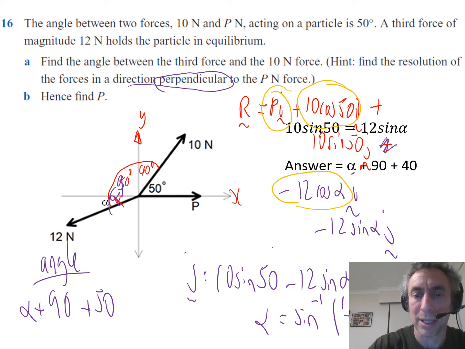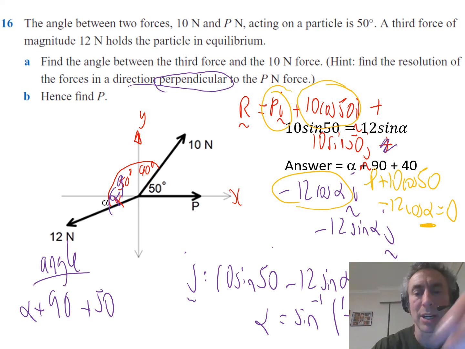Let me just write that out for you in case you didn't follow. P plus 10 cos 50 minus 12 cos alpha is equal to 0. And we know what alpha is by resolving forces in the j direction.